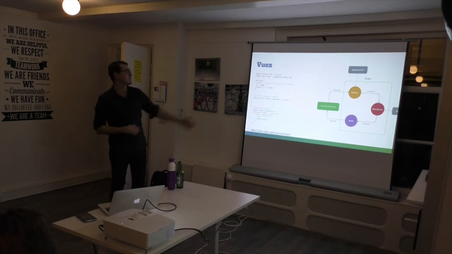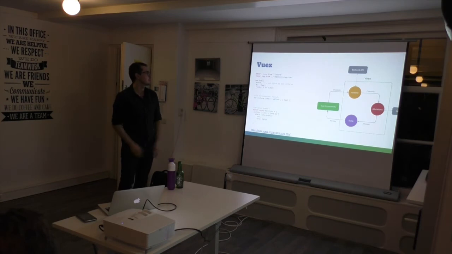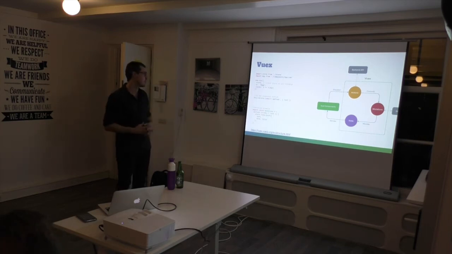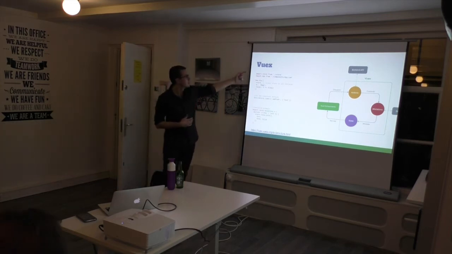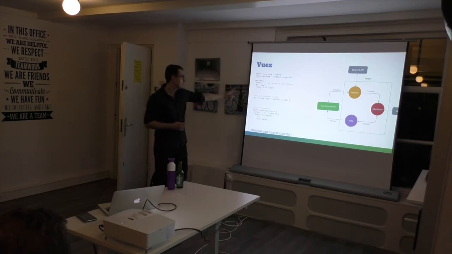And here I just placed some examples of how you can instantiate it, but if you open the documentation on a freshly created project, you can make it work really fast. Here you hook the store to your app, the same way you did with the router, if you remember.